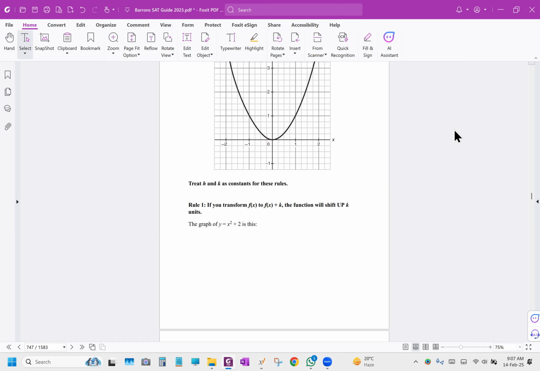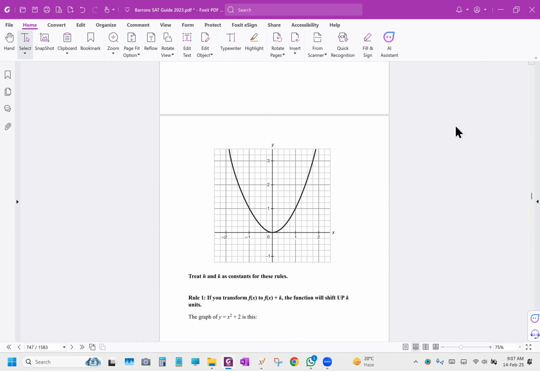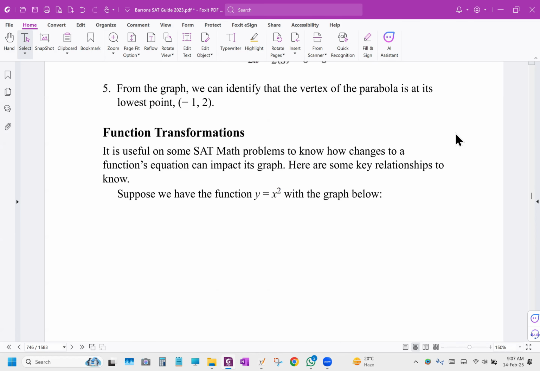What the book is telling us is that it is useful on some SAT math problems to know how changes to a function's equation can impact its graph. Here are some key relationships to know.